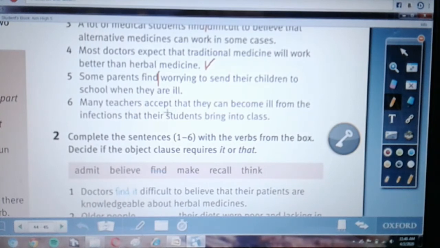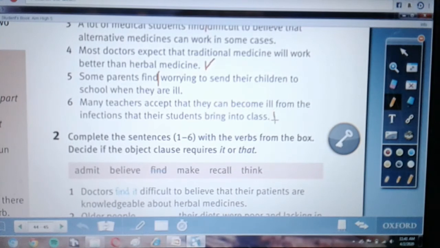Many teachers accept it that they can become ill from the infections that their students bring into class. Which one sounds natural, the first one or the second one? The first one. Okay, so you don't need to add it after the main verb except here.